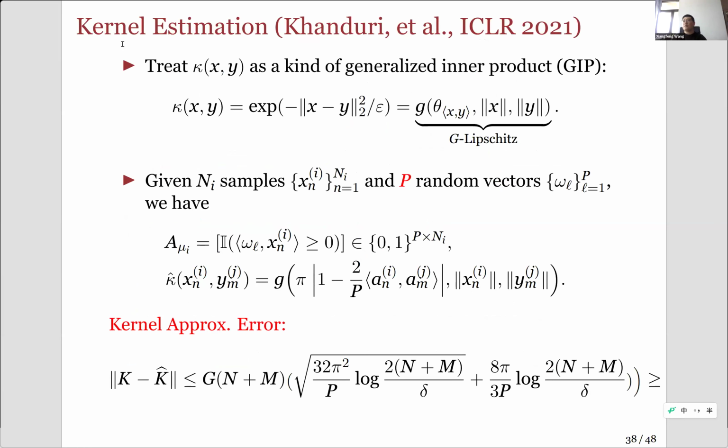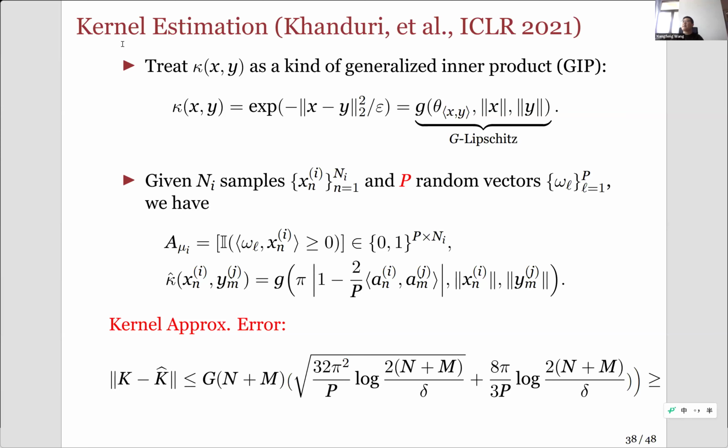One powerful approach, proposed in ICLR 2021, applies when the kernel kappa(x, y) can be viewed as a generalized inner product, for instance GIP, meaning it's a function of the inner product of x and y and the norms. The idea is to use random projections, a form of locality sensitive hashing, where agents share a set of P random vectors.